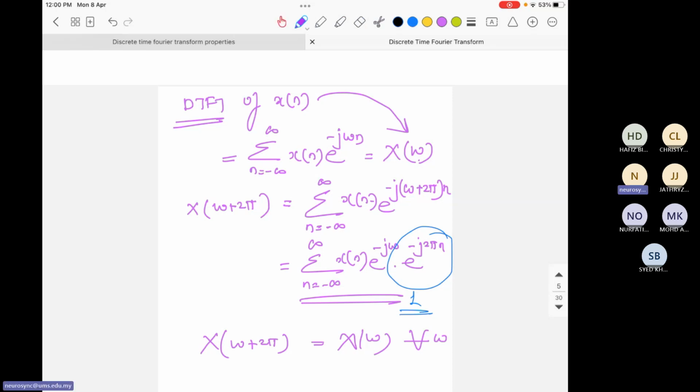Okay, so there is uniqueness in the region from minus pi to pi, or you can say that only in the period of 2 pi will you get the repetitive sequence.